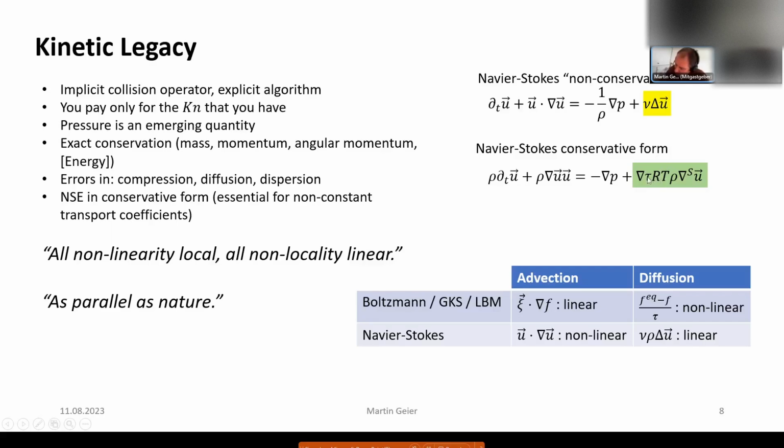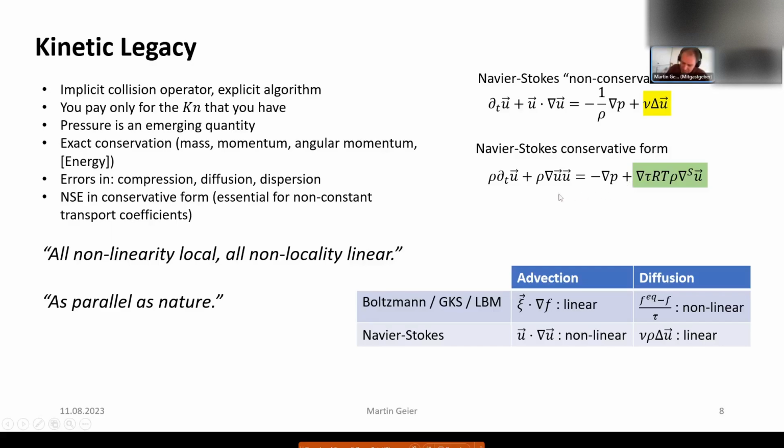So for example, viscosity is in between two nablas, as it's supposed to be in physical reality. That means if you have a tau that depends on anything, then the chain rule will automatically be fulfilled.